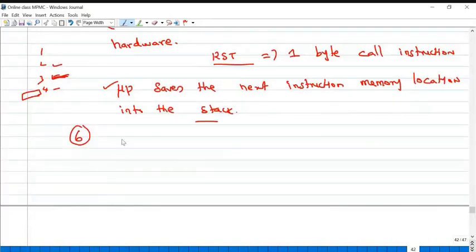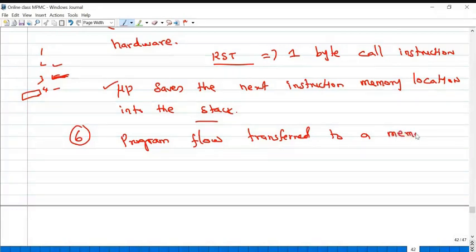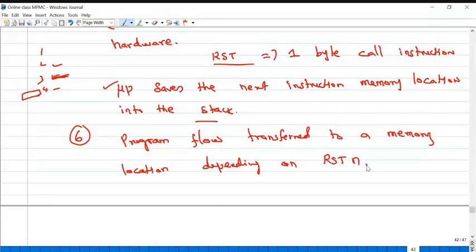So the program flow is transferred to a memory location depending on RST-N, the N value.